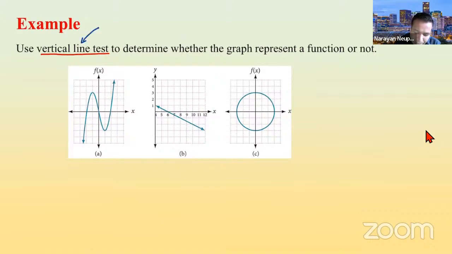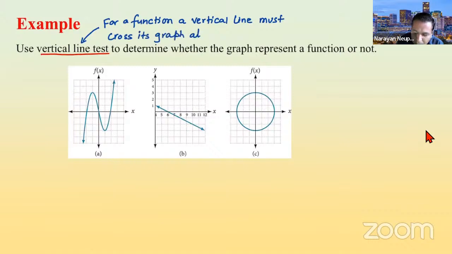So we say for a function, a vertical line must cross its graph at one point only.